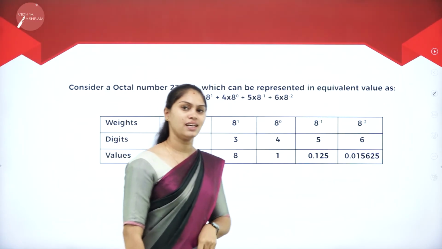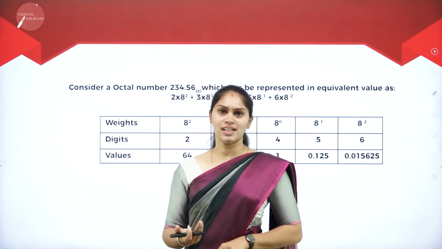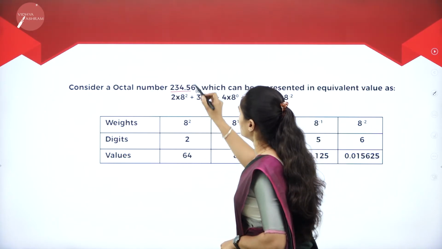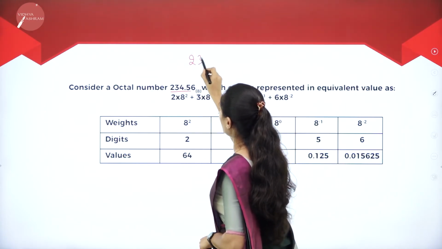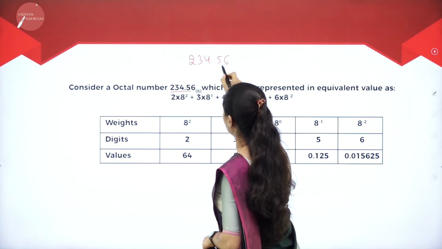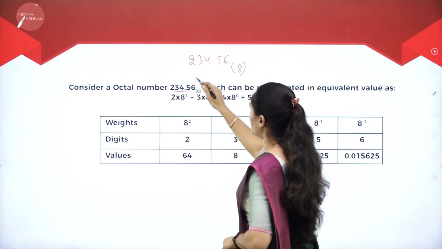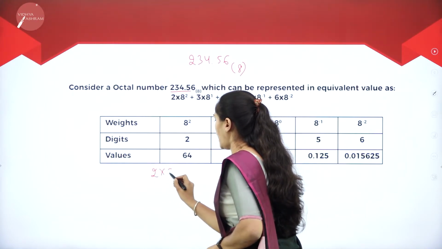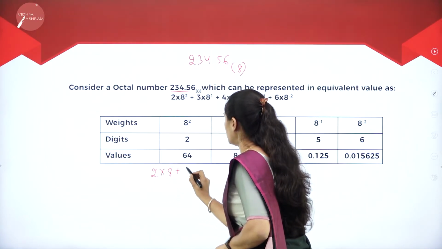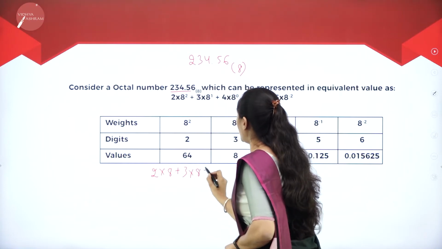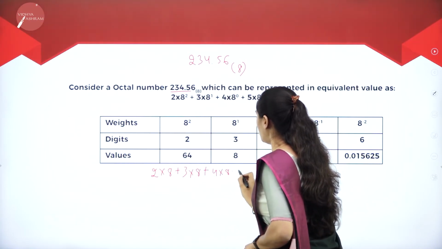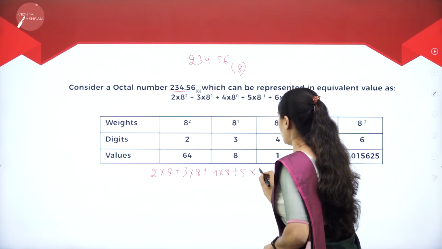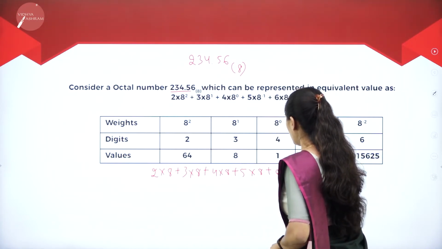Here we'll see the representation of the octal number. Consider an octal number, that is 234.56 base 8. How are we going to represent it? 2 into 8 plus 3 into 8 plus 4 into 8 plus 5 into 8 plus 6 into 8.